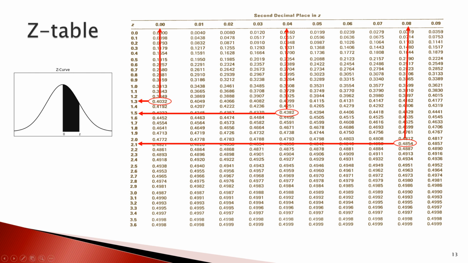For example, for this point, the z-score is 1.54, so the area from 0 to 1.54 is 0.4382. This is how we interpret the z-score.